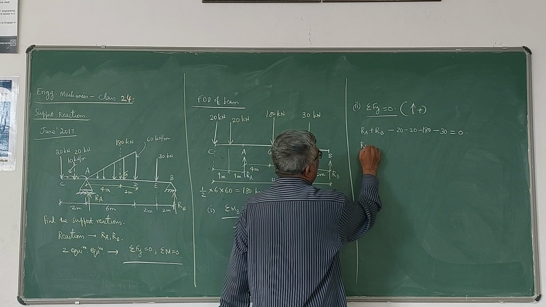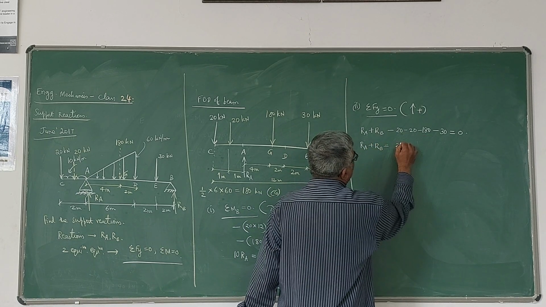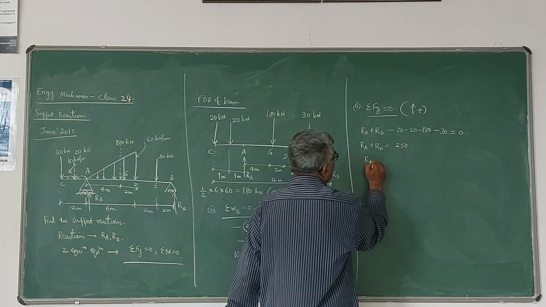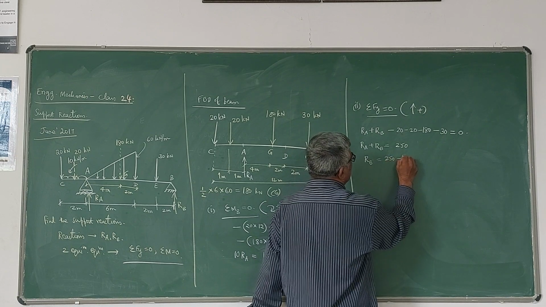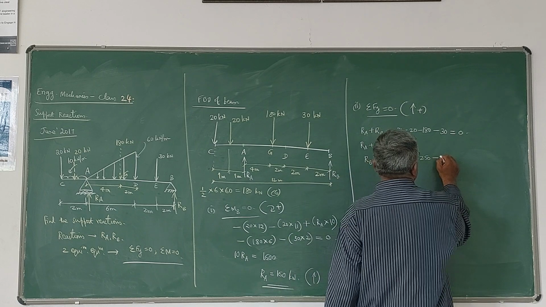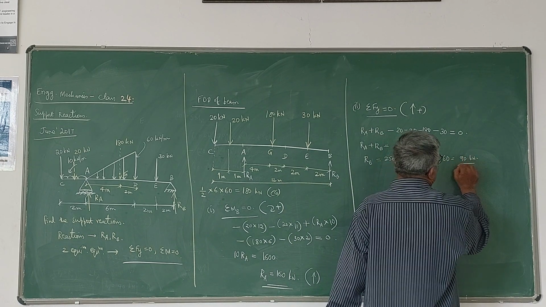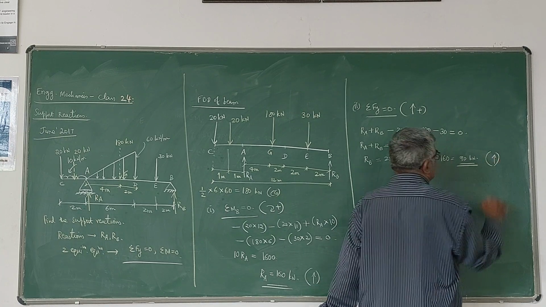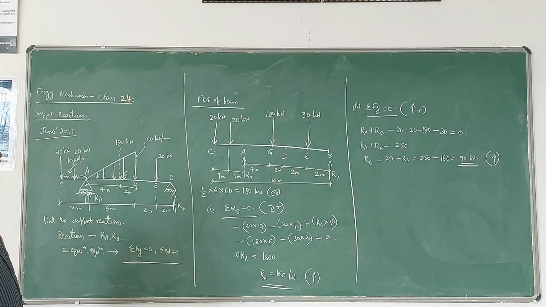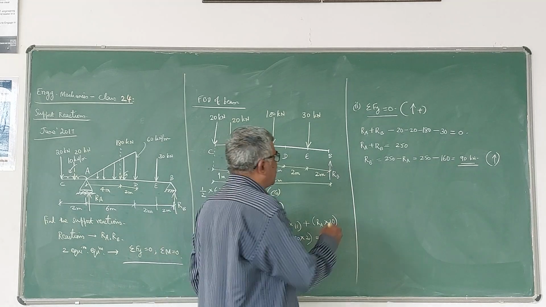In other words, RA plus RB is equal to 250. Since you know the value of RA, RB will be 250 minus RA. It is 250 minus 160, which is 90 kilonewton. So that is also positive, which means your assumed direction is correct. Like this, we have to find the reactions. So RA and RB we got by using the two equations of equilibrium.